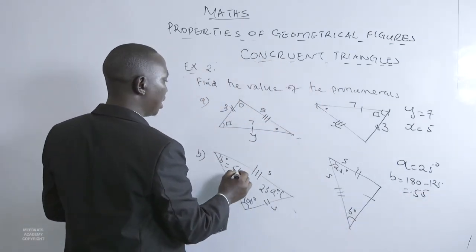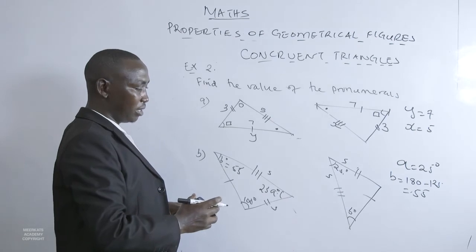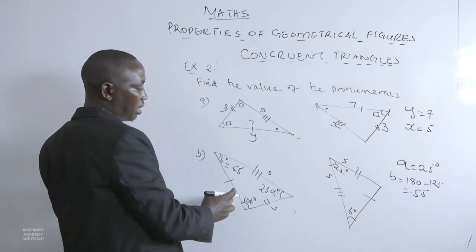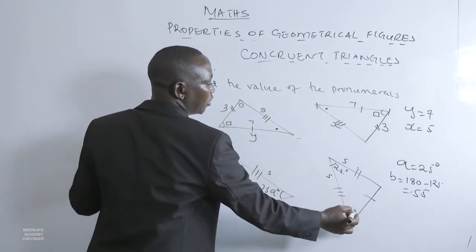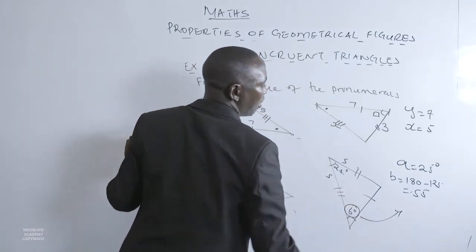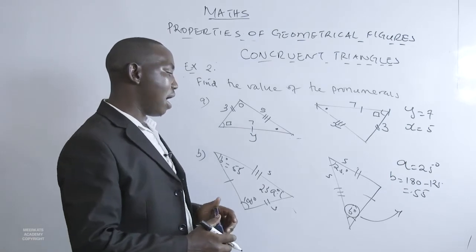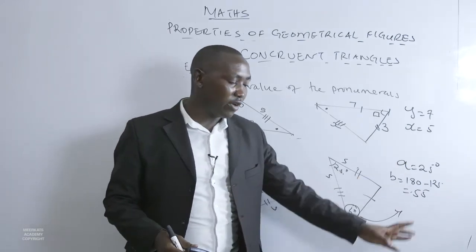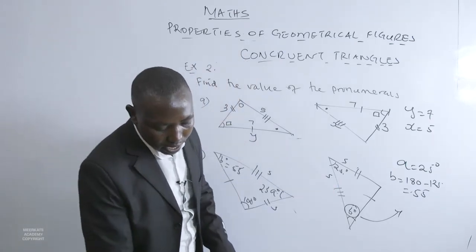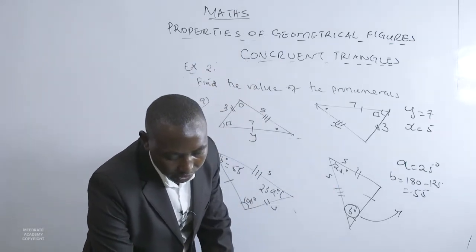So B is 55 degrees. Now if you look at B, on this side, it has 1 and 3. So that will also tell us that this particular angle is going to be 55 degrees. So the value of A is 25 degrees, the value of B is 55 degrees.